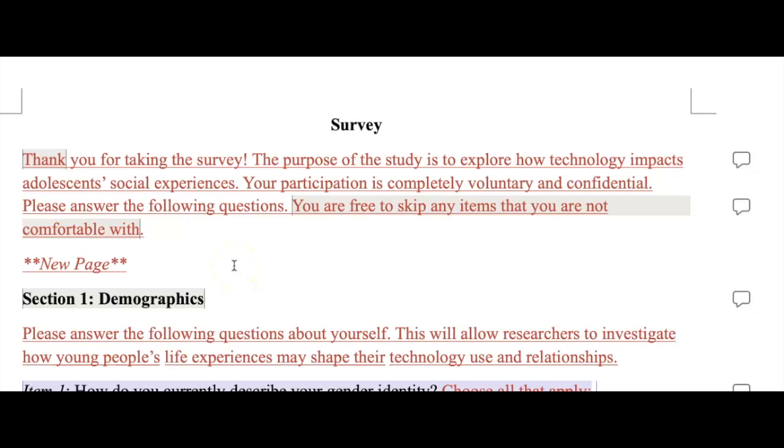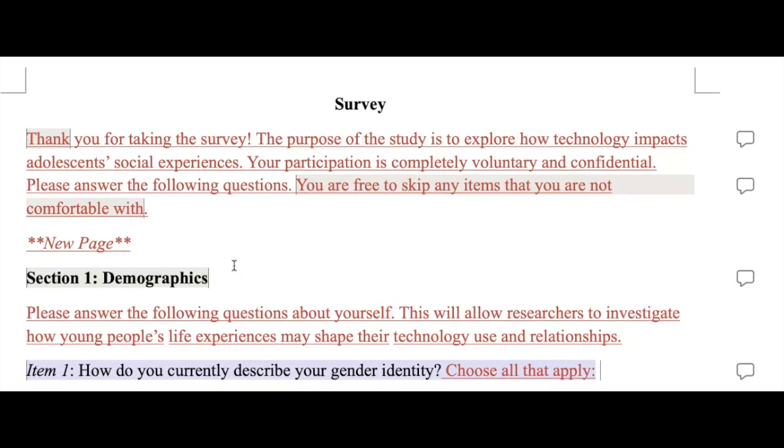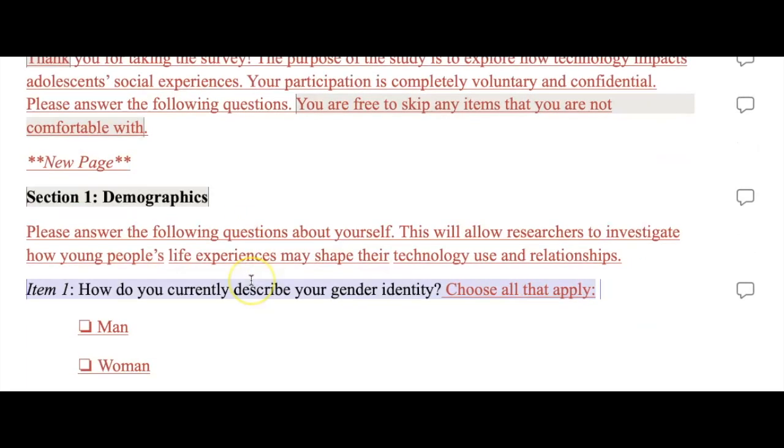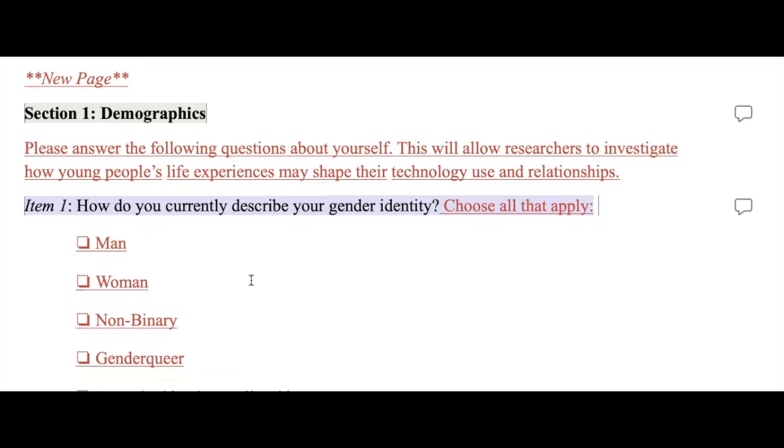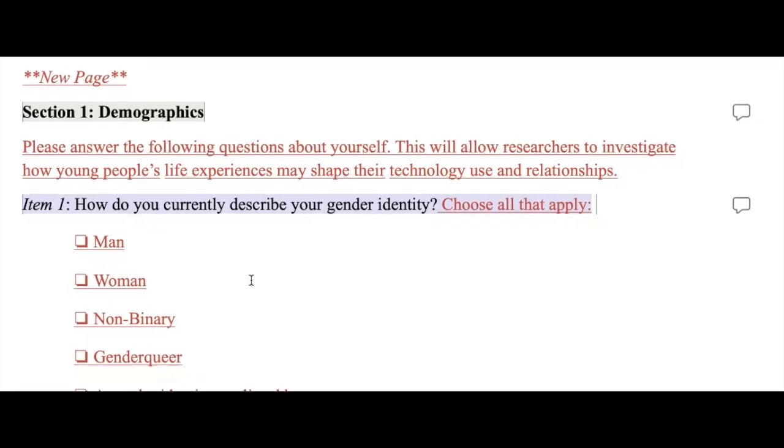This person used the track changes, which meant that they were able to begin with their original version. And that's what Dr. Meriker wants. She wants you to have the original version and to do the track changes so that she's able to see both. She's able to see how your survey started and to see the things that you did to update or change your survey. So that's what this is mostly going to model.